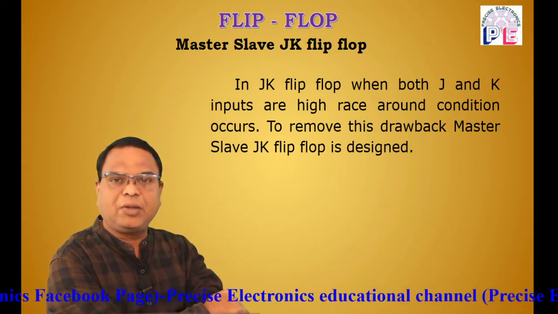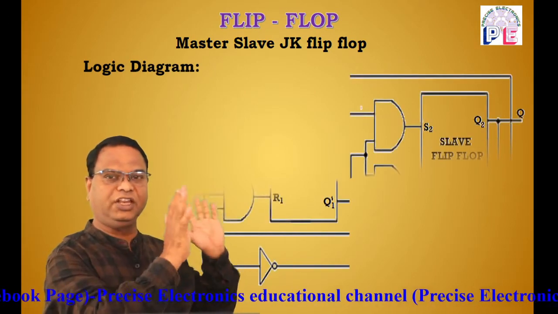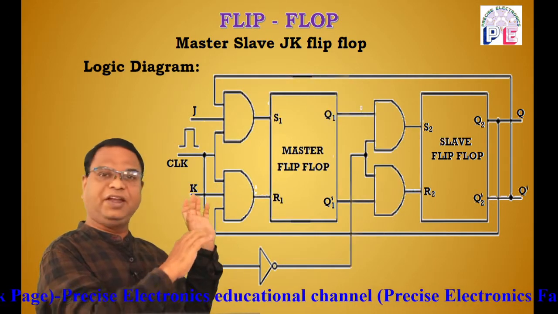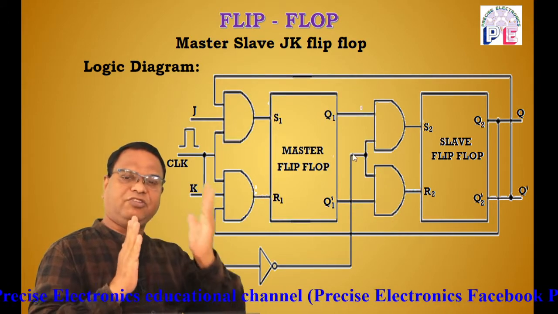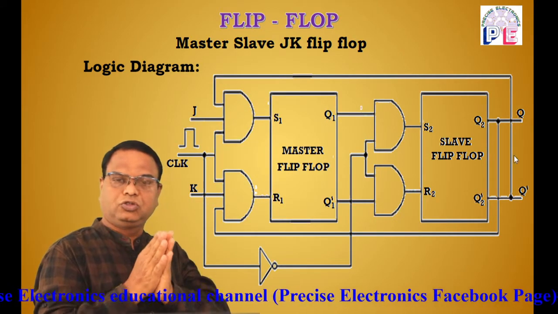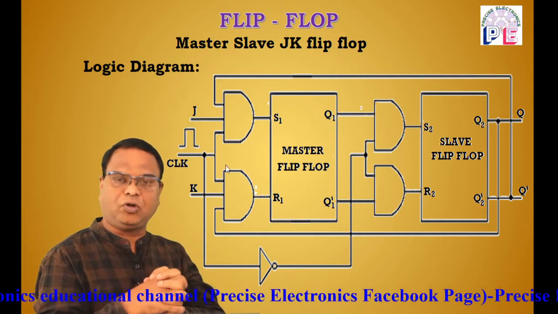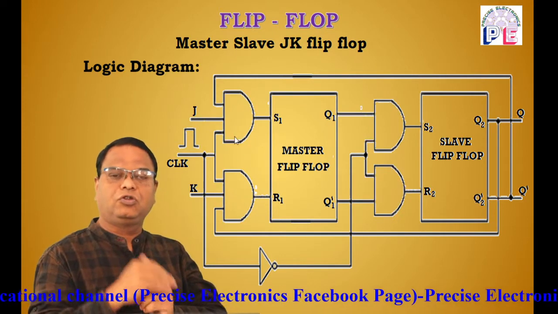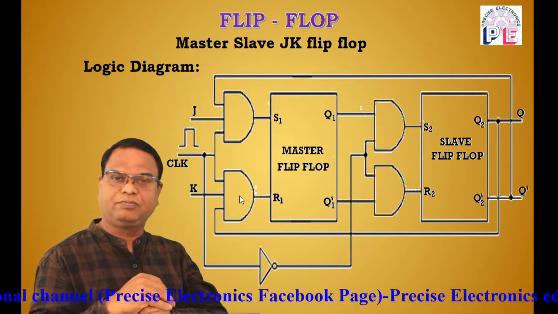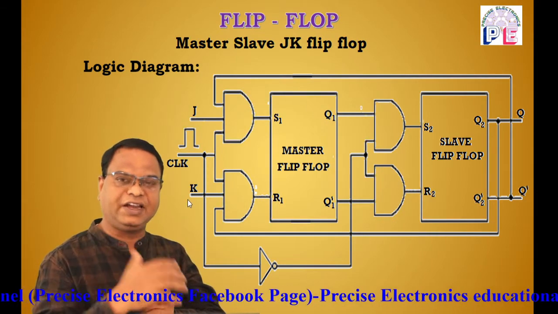Now the logic diagram of master slave JK flip-flop is going to be displayed on your screen. From this diagram, it is clear that there are two flip-flops, master and next one is a slave. Master flip-flop is a positive edge triggered JK flip-flop. The clock pulse is applied to this master flip-flop through two AND gates. J and K inputs are also connected to those AND gates.